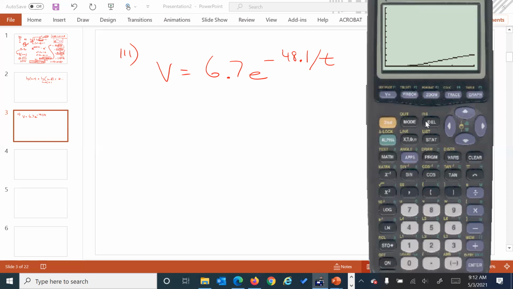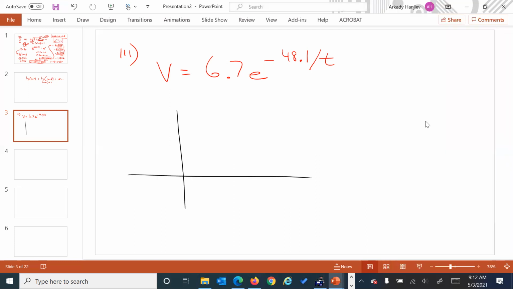Real quick here, if you have something growing, because it's actually a real thing, it's not like we start off with 0, because if you start with 0, you get nothing in the first place. So we should have at least started off with 6.7. Then from here, that's when it took off.